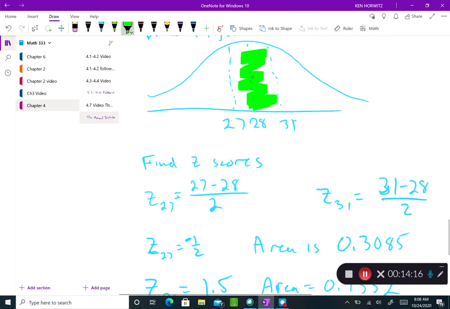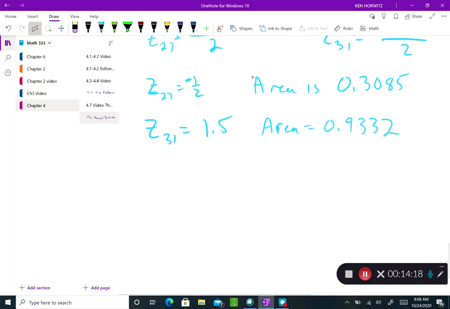If I do that, I get 0.9332 minus 0.3085. If I subtract those two, then I get 0.6247. And that should be my answer.